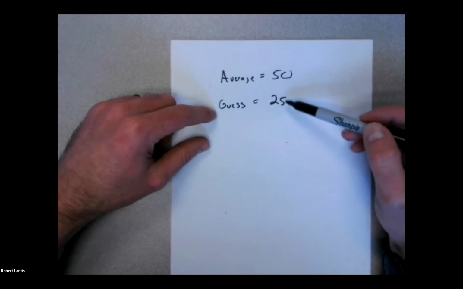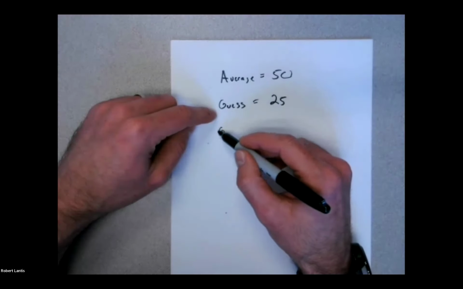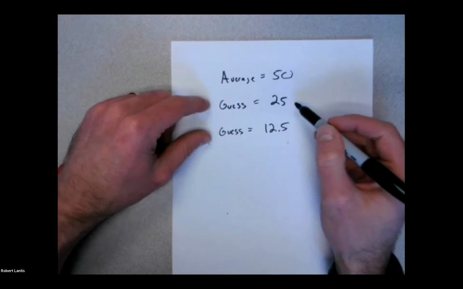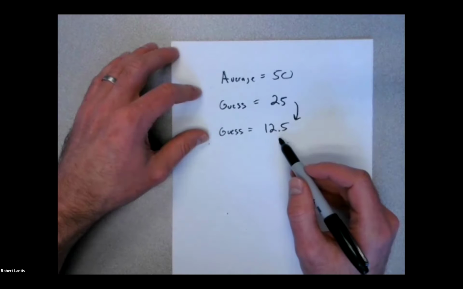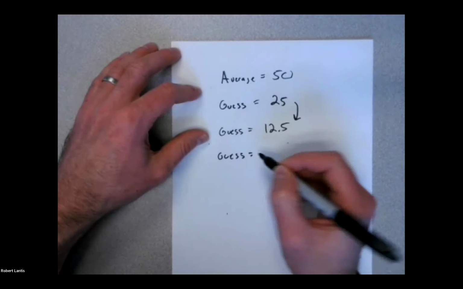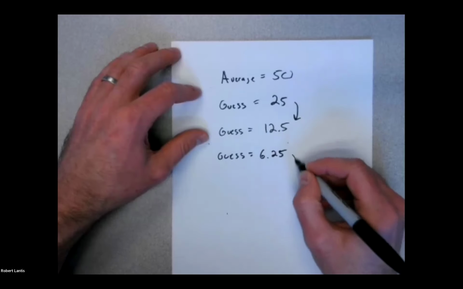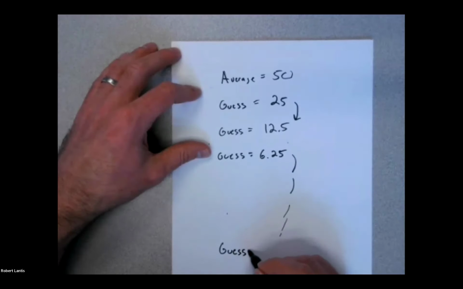Well, if everyone guesses 25 and the average is 25, what should my new guess be to win the game? 12.5. But I know that everybody knows that. So if everyone guesses 12.5, I'm going to guess half of that. So what? 6.25. And this continues all the way down to what should we actually all be guessing?